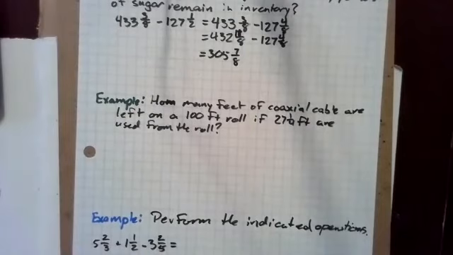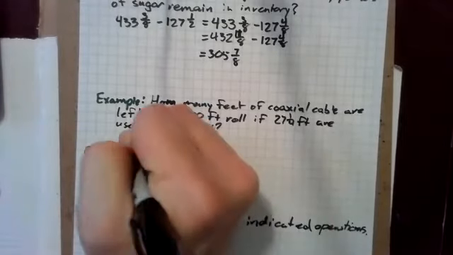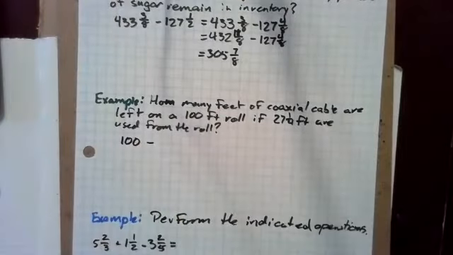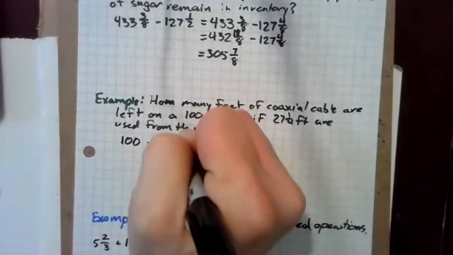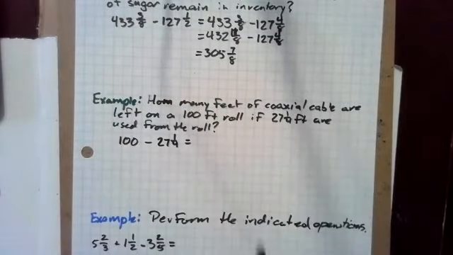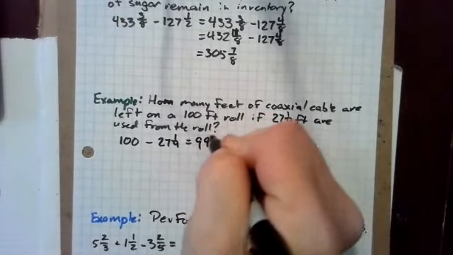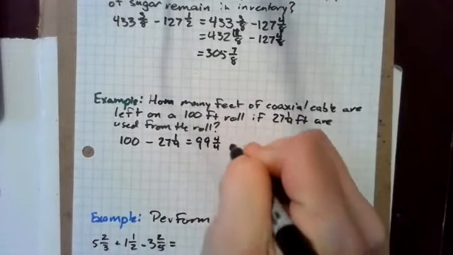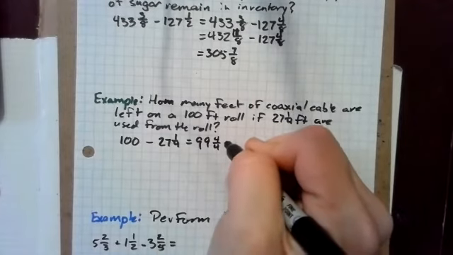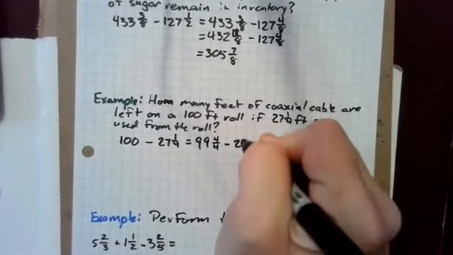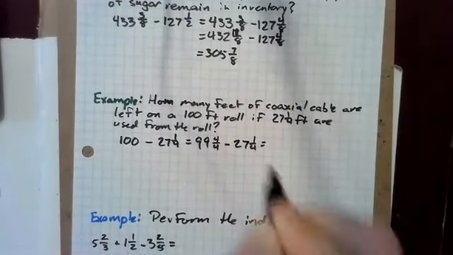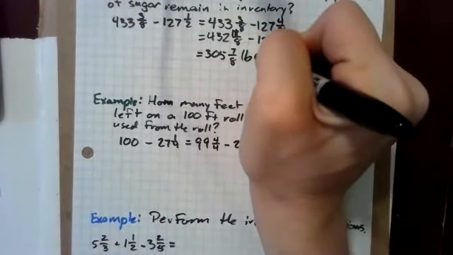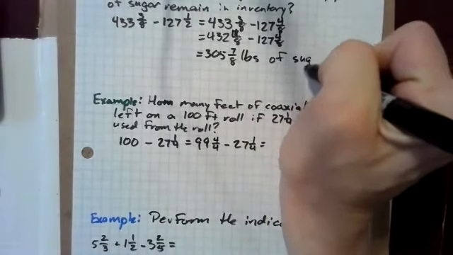For this next problem, how many feet of coaxial cable are left on a 100-foot roll if 27 1/4 feet are used from the roll? So we've got 100 minus 27 1/4. We need to take one of my 100, that's 99, and then we'll add the one that we took away as 4/4. So that's 99 and 4/4, which is exactly the same as 100, minus 27 and 1/4. I should say that's pounds of sugar remain.